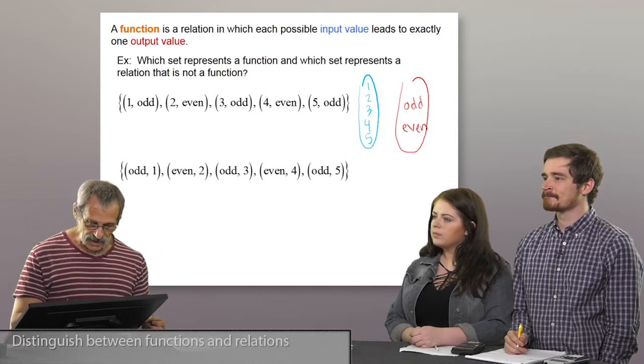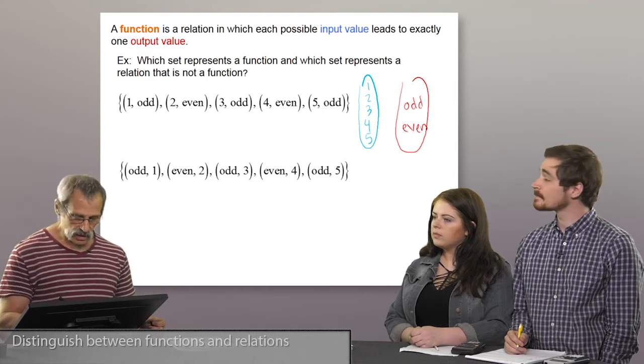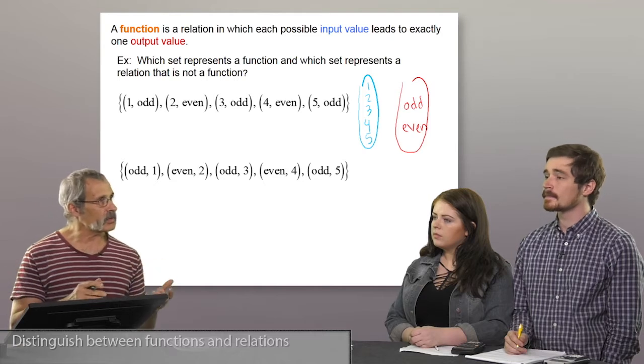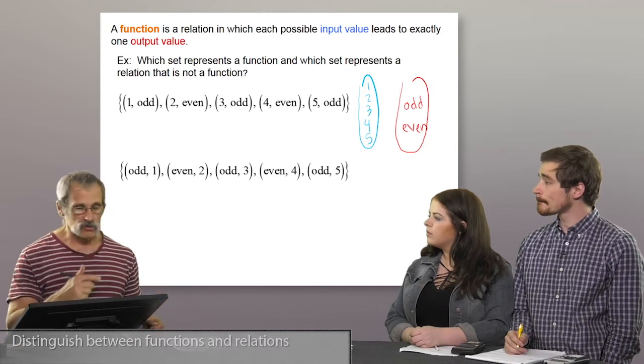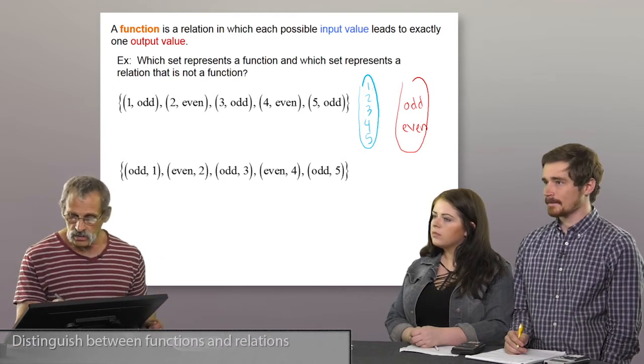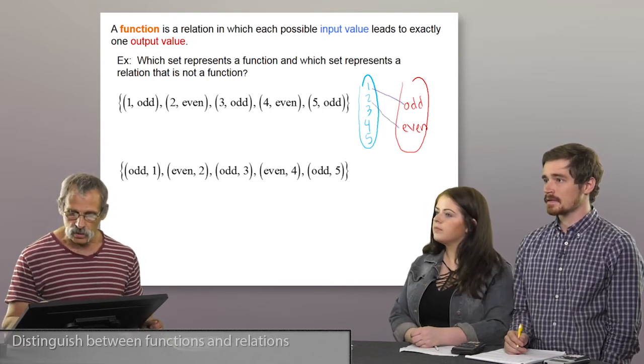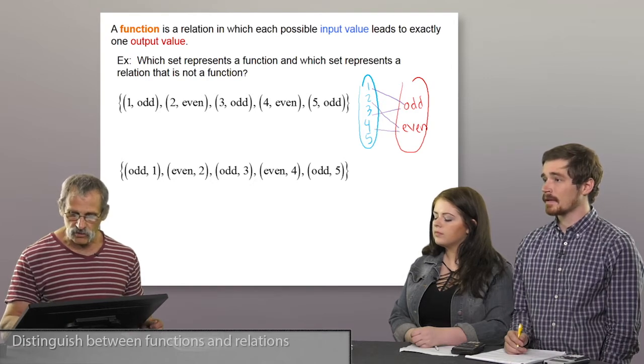Now I'm going to assign each input to its corresponding output by looking at each ordered pair. 1 corresponds to odd. 2 corresponds to even. 3 corresponds to odd. 4 corresponds to even. And 5 corresponds to odd.